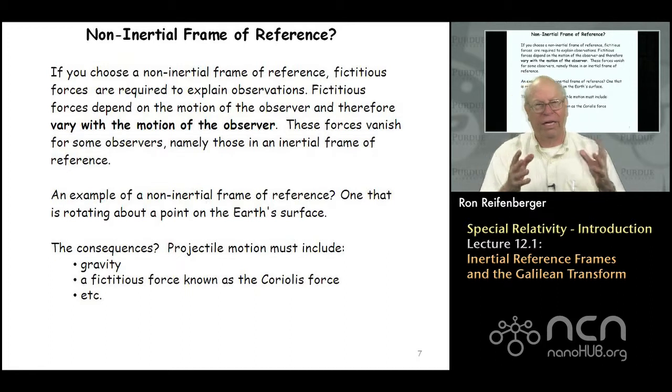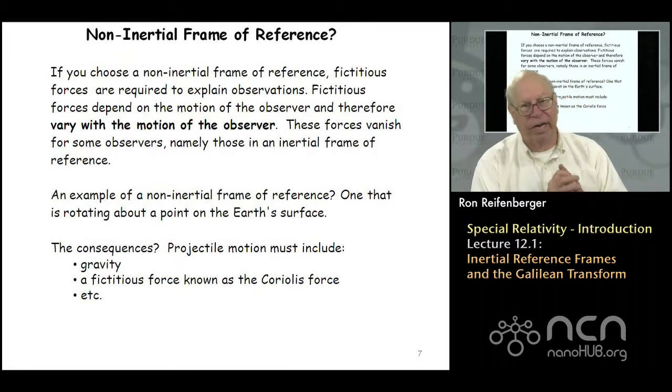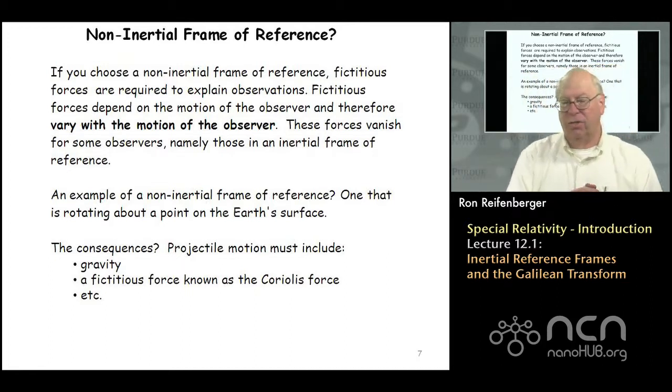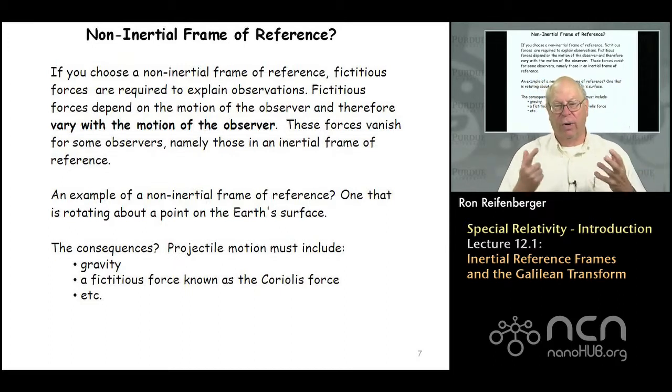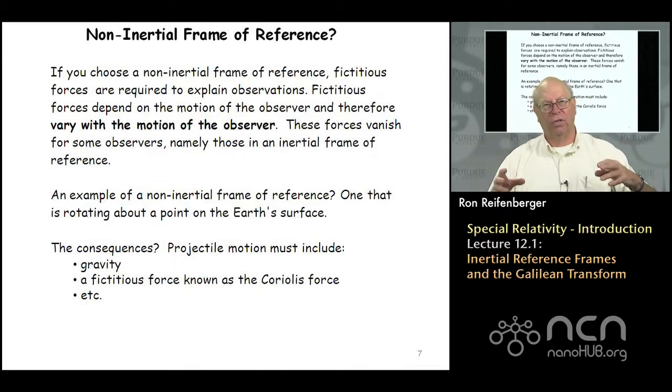So can I give an example of a non-inertial reference frame? And the answer is yeah. I can imagine a reference frame that's rotating quickly about a point on the Earth's surface. This would be, let's say, a merry-go-round that you commonly see in playgrounds.